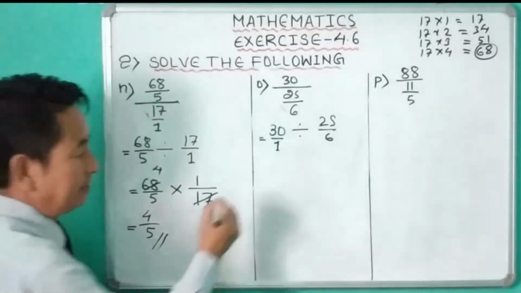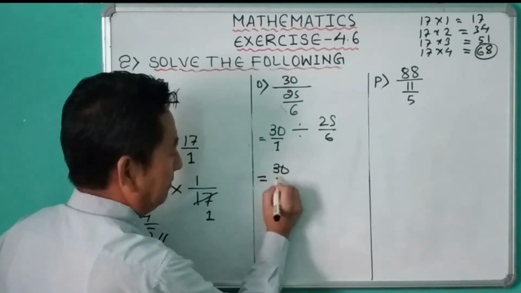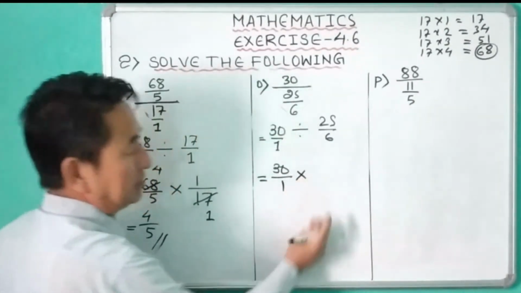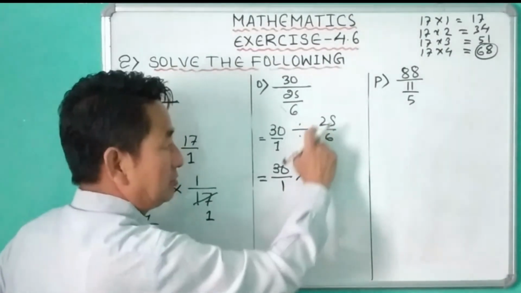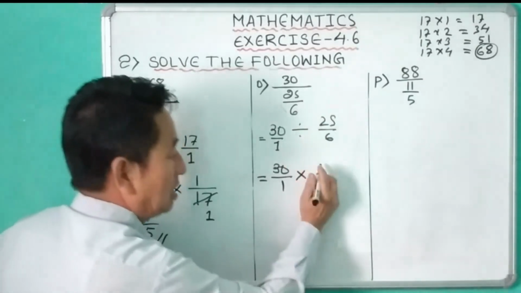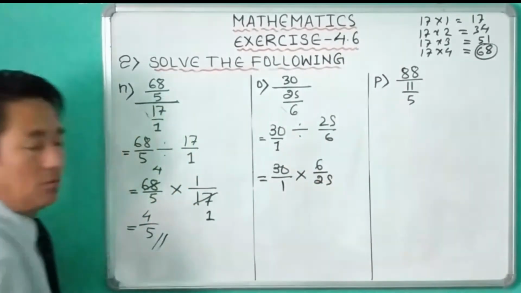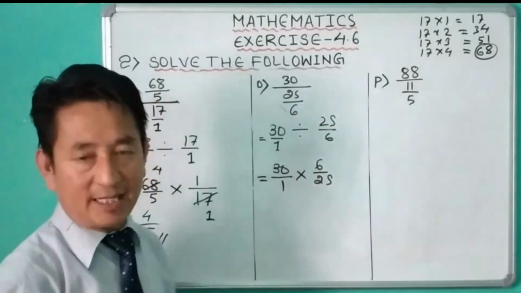Now next step, we'll change this divide sign into multiplication sign. Now 30 over 1 into, then we'll write the reciprocal of this fraction, or we'll inverse this fraction. So 6 over 25. 6 over 25 is the reciprocal of 25 over 6.